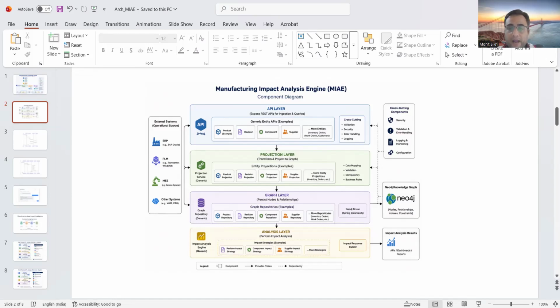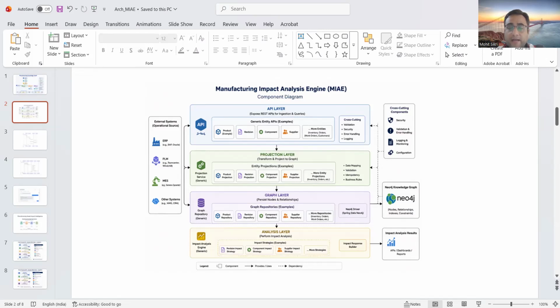For example, revision impact. The purpose of revision impact is to evaluate the downstream business and operational impact of introducing, modifying, or retiring a product revision. Component impact evaluates the business impact of a component across the manufacturing ecosystem.